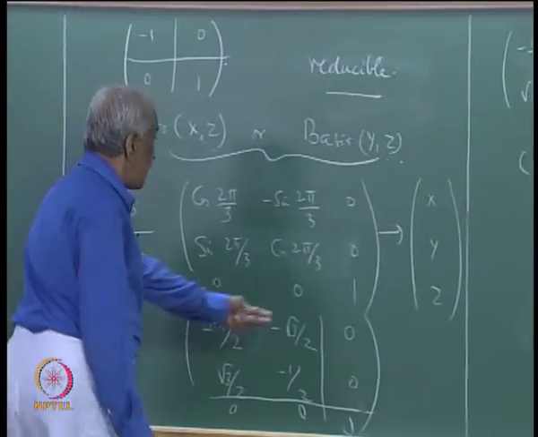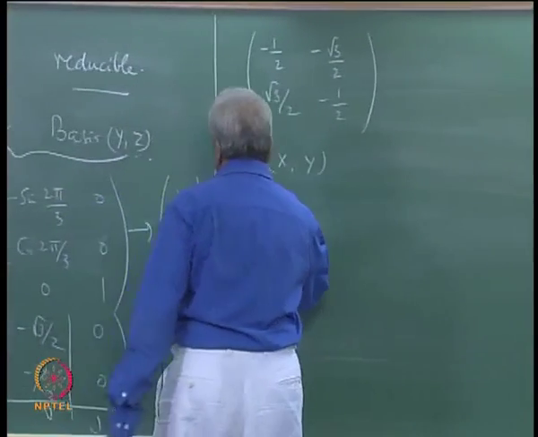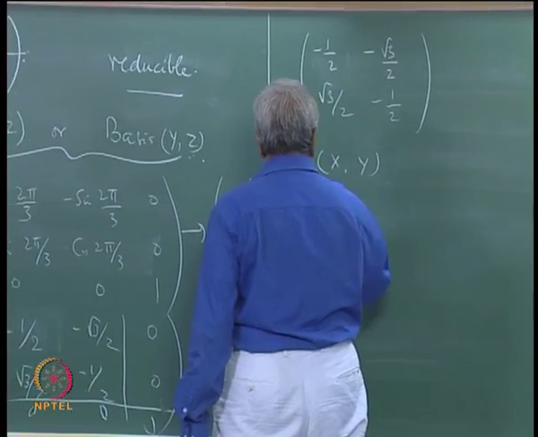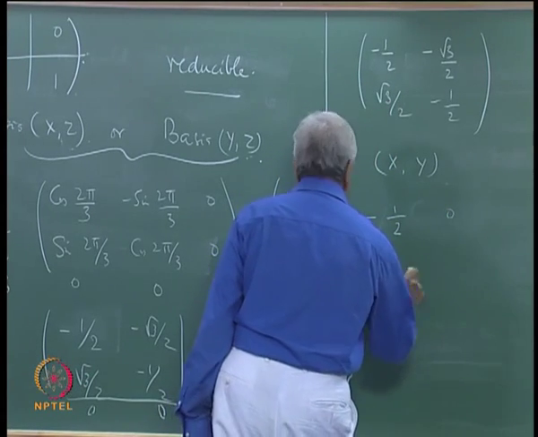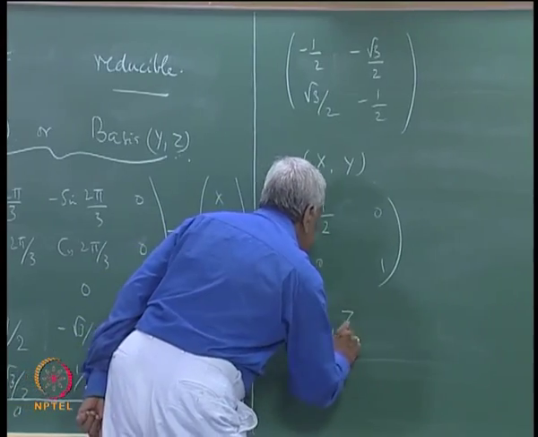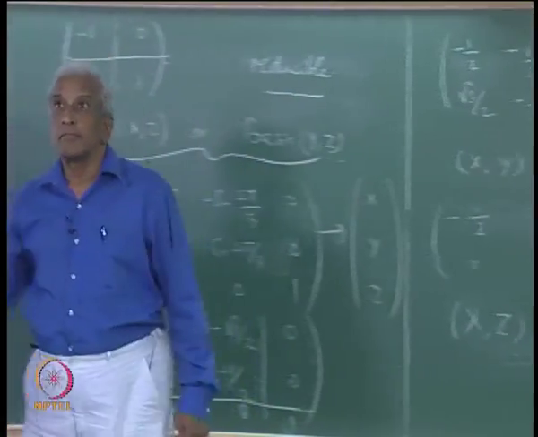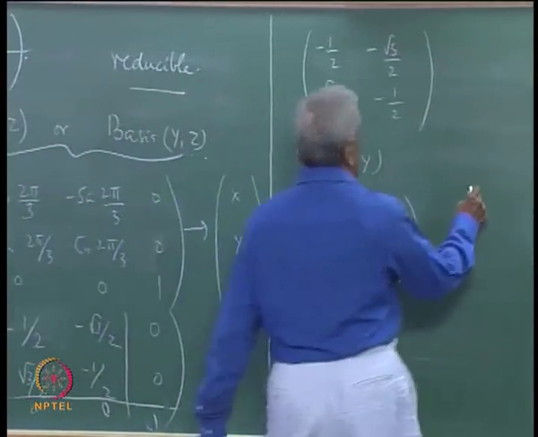Or if we choose x z as the basis, then that would be minus half, 0 0 1. That would be for the basis x z, or y z can be the basis.